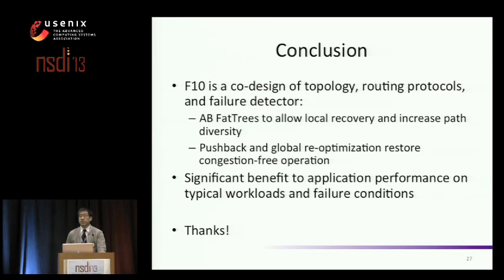So the question is, reacting too quickly to links going up and down, are you actually now inflating the impact? I think the first part of that question is the efficiency of the pushback broadcast scheme.